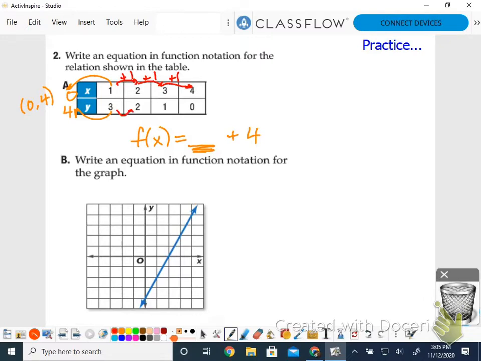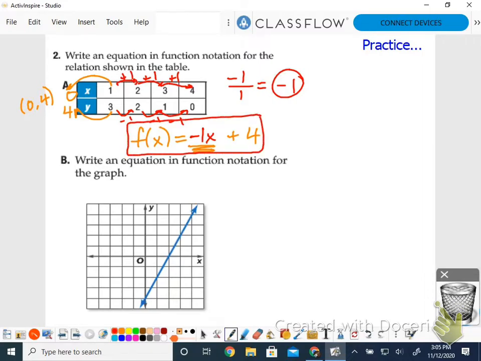These are going down by 1 every time, minus 1, minus 1, minus 1. So change in y is -1, change in x is +1. That's -1. So we're going to have -1x plus 4. That's my equation for that one.